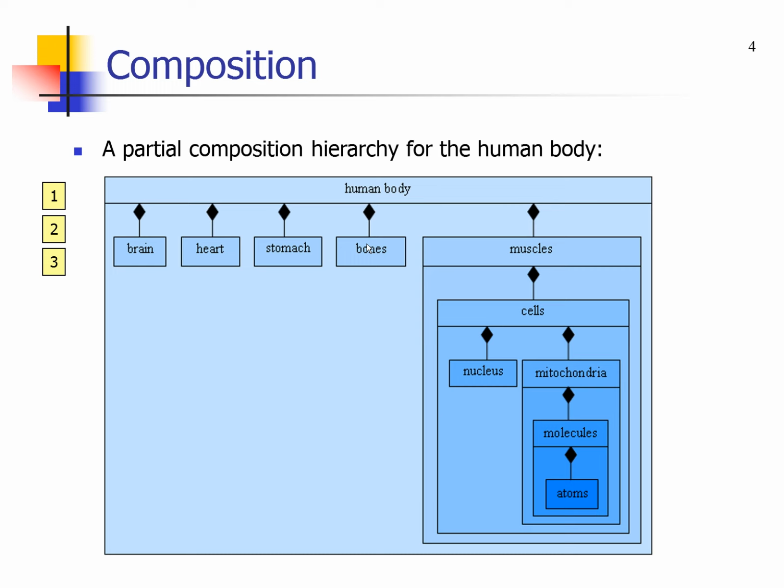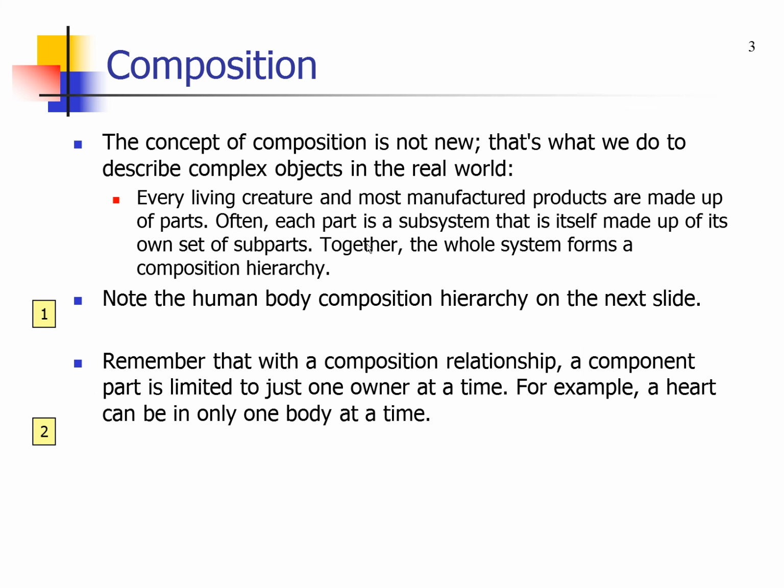But does it have to stay that way? Could I donate my heart to someone else? Yes, I could. So really, like it says here, remember that in a composition relationship, a component part is limited to just one owner at a time. For example, the heart can be in only one body at a time.